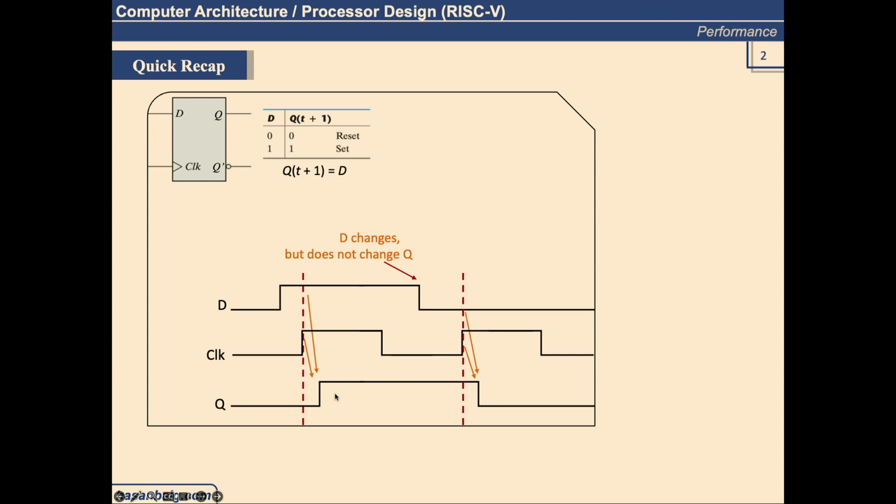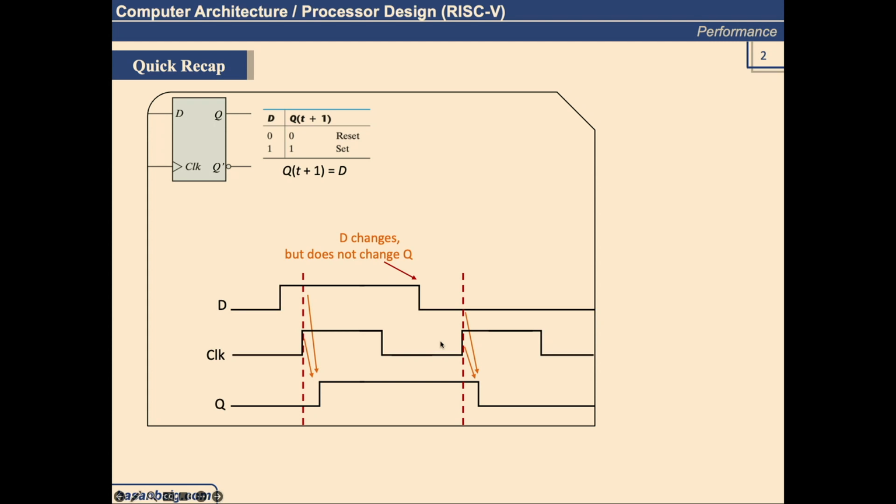Okay, get it? Any question? So T stands for the time. We said that it could be any time, and T plus 1 means the plus 1 corresponds to the next coming edge of the clock.